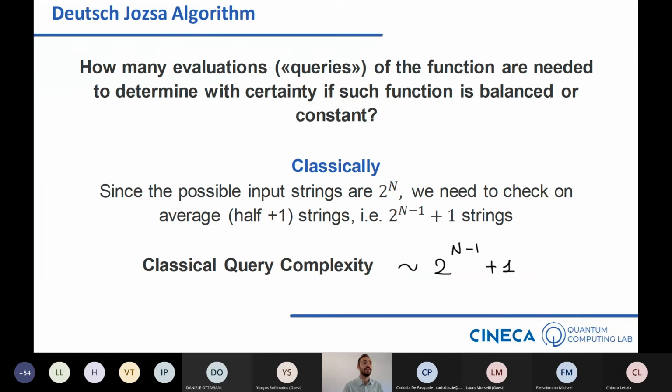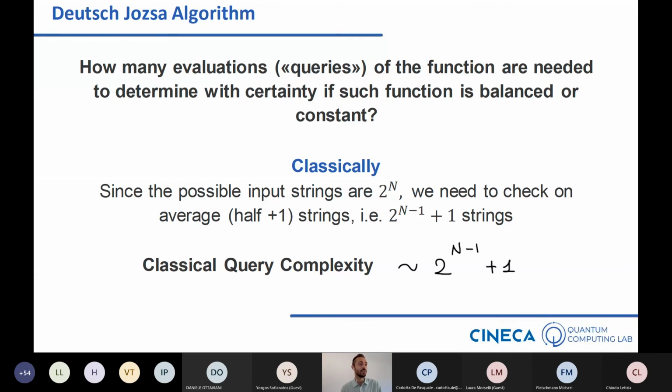Okay, if I'm not lucky, if the function is balanced, I have to consider all the functions. I will have to evaluate all the inputs that give the same answer, and then the half plus 1 string is going to tell me that you were very not lucky.